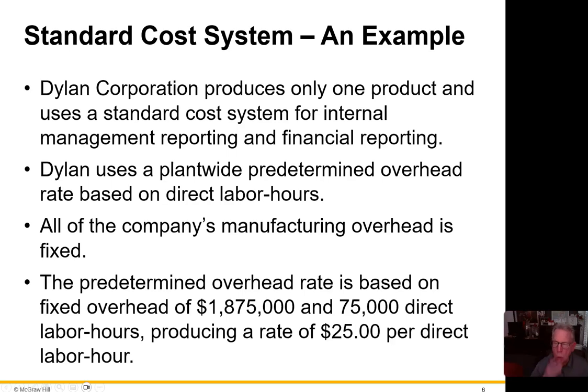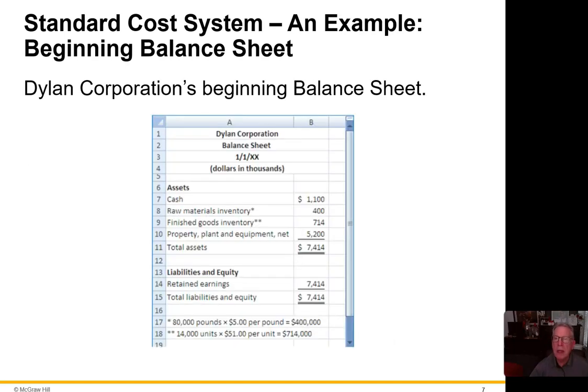Okay, and number four bullet point, the predetermined overhead rate is based on fixed overhead of $1,875,000 and 75,000 direct labor hours, producing a rate of $25 per direct labor hour as the predetermined overhead rate, $25 per hour.